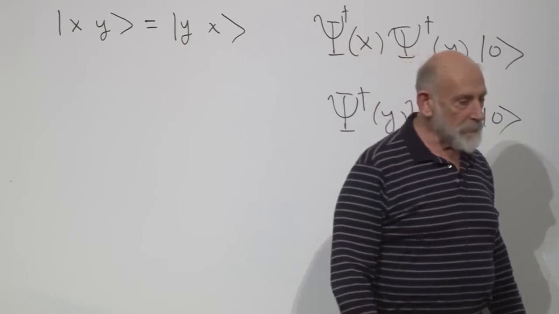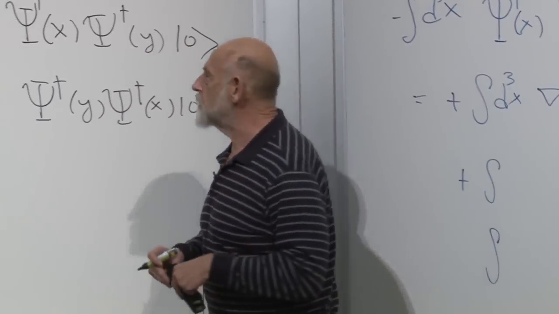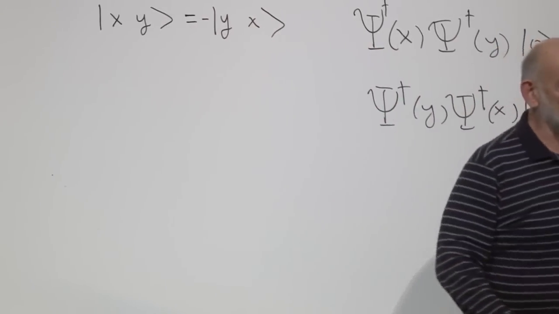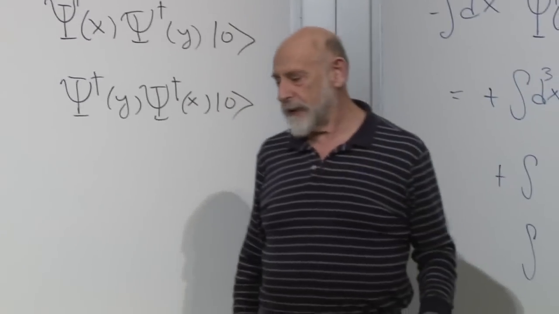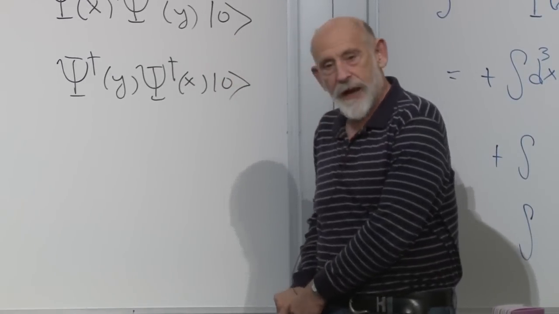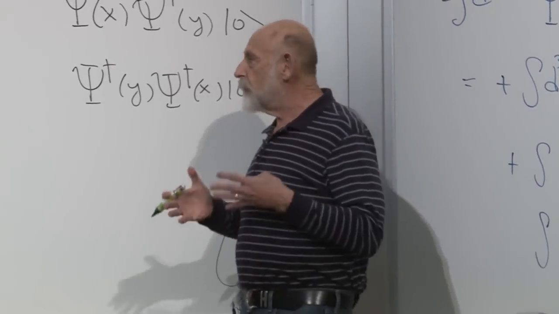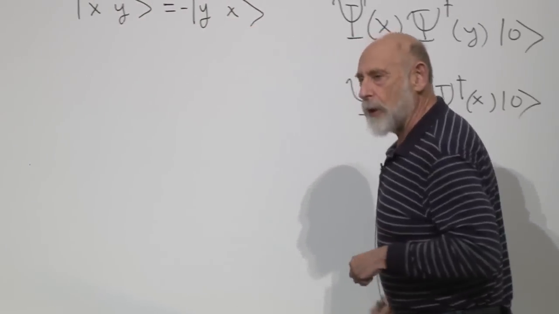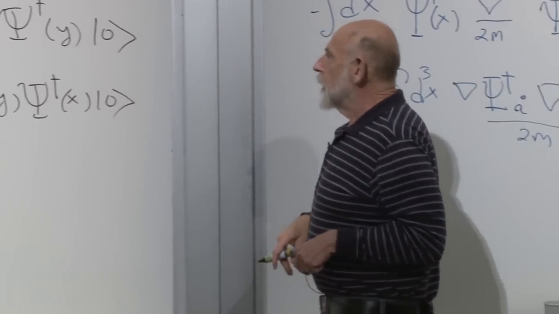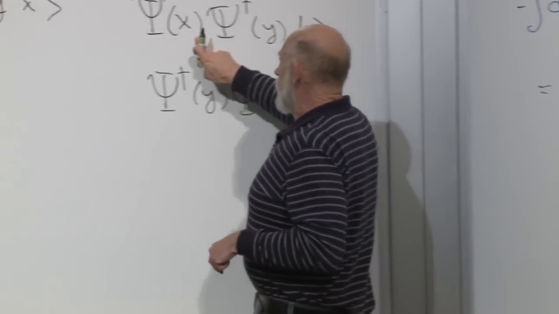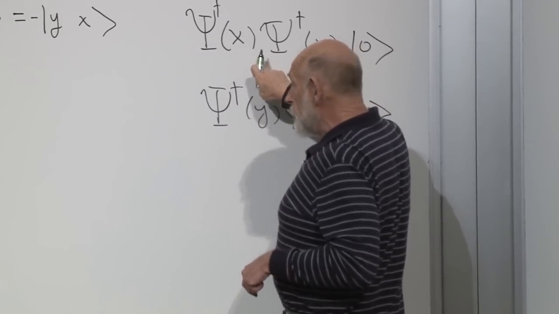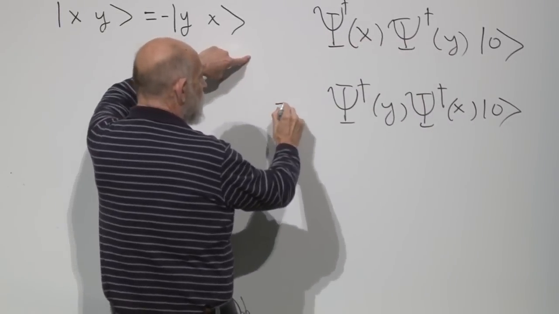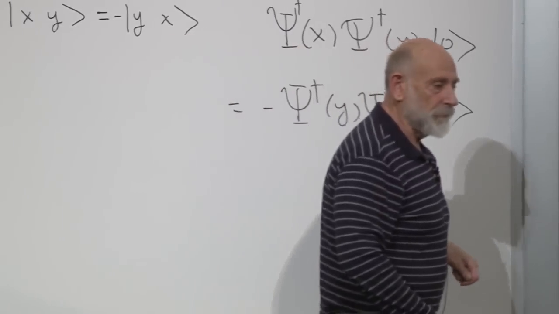Now, for fermions, the rule is exactly the same, but with a minus sign. Remember that the real physical observable state vector of a system doesn't care about the sign here, but in keeping track of the formulas, it's important to know that for fermions, if you interchange the two particles, you get a minus sign. That must mean that for fermions, if psi here is representing fermions, the top formula is minus the bottom formula.